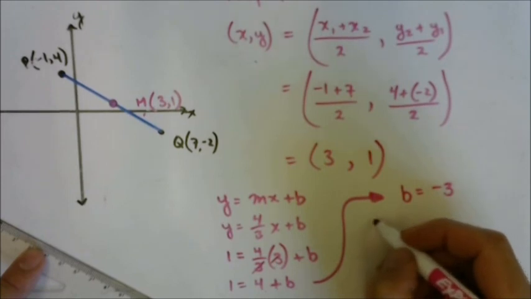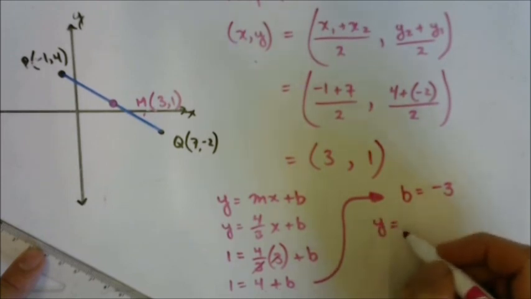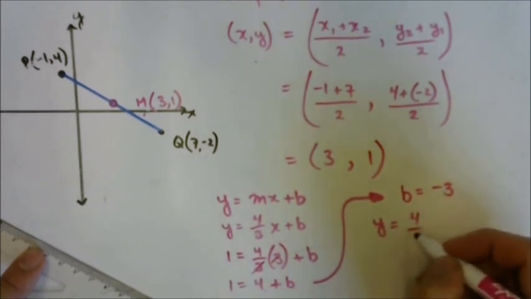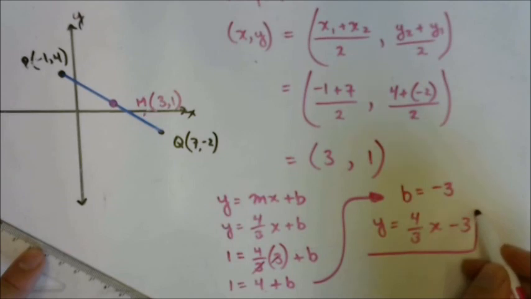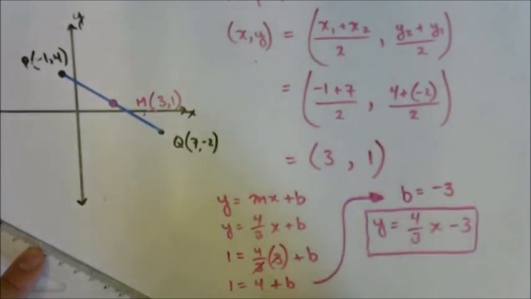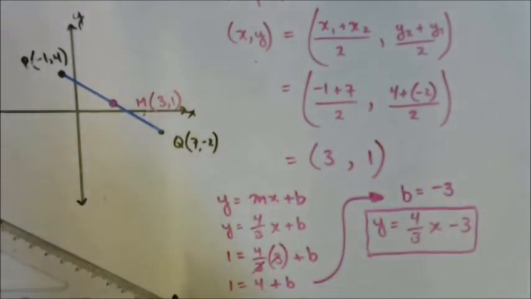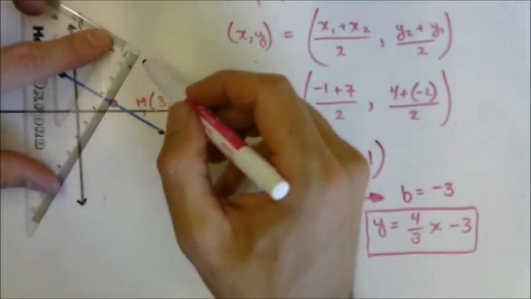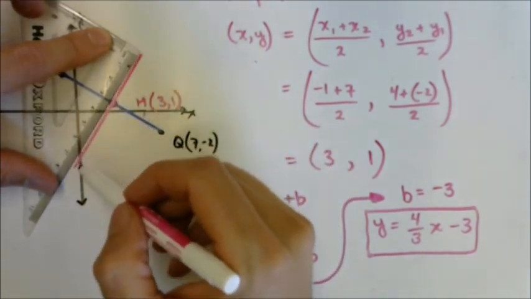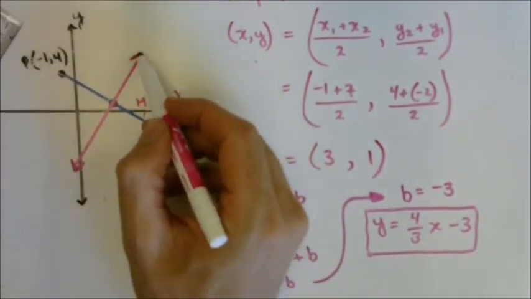So now we know that the equation of the right bisector is y equals 4 over 3x, that's our slope, minus 3. And any point on this line will satisfy the requirements of the sports stadium. Any point on that line will be equidistant from school Q and school P.